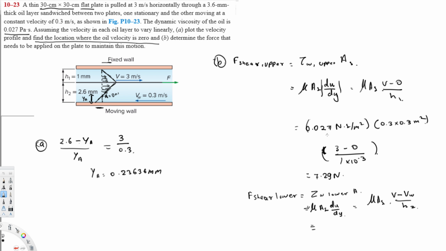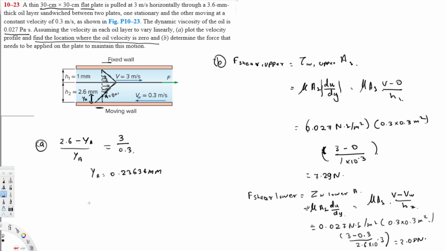The viscosity is the same, 0.027 Newton second per meter square, times the area, also the same, 0.3 times 0.3 meter square. Here the velocity is changing: it is 3 minus 0.3, because we have the wall's velocity, so we deduct that. In the bottom we have the height, that's 2.6 times 10 to the power of minus 3. If we multiply everything we get 3.08 Newton.